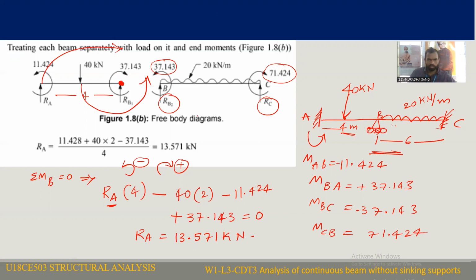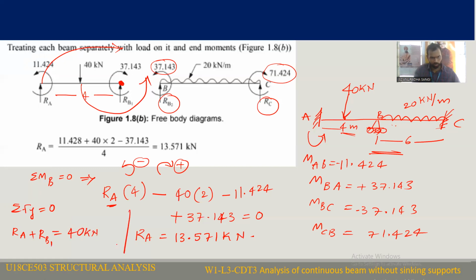So after calculation of this RA, from vertical equilibrium, sigma Fy is equal to 0 for span AB, that means RA plus RB1 equal to 40 kilonewtons.